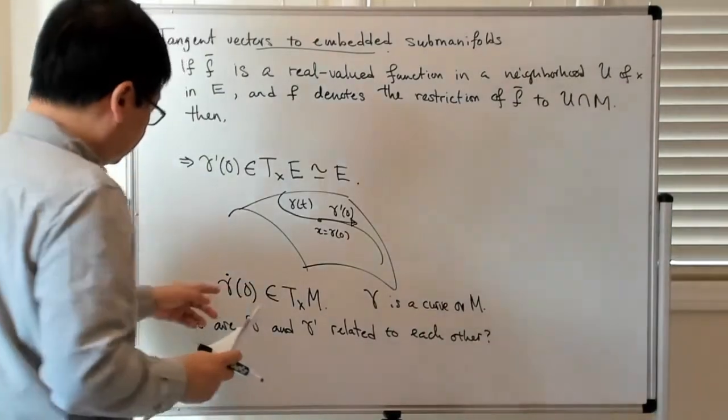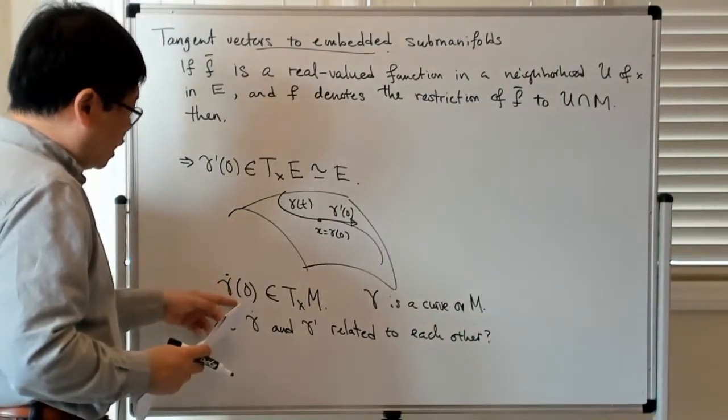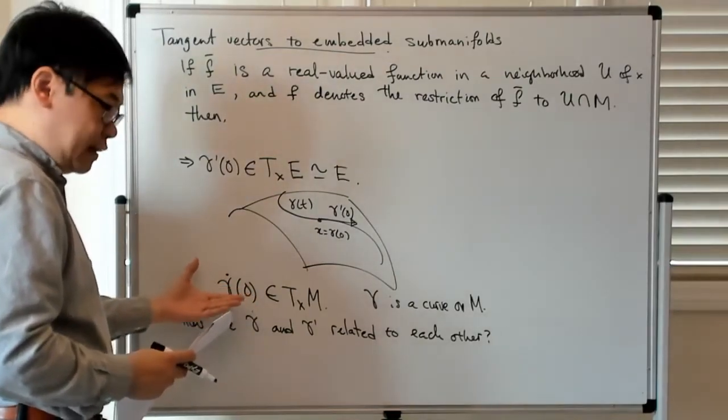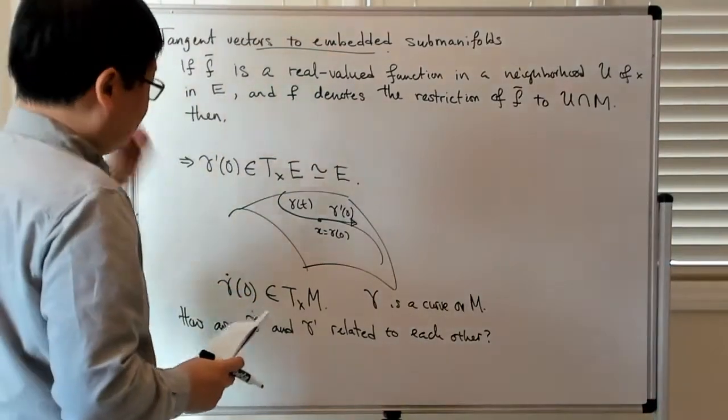Then gamma dot acts on f, because we think of these abstract vectors as being derivations.